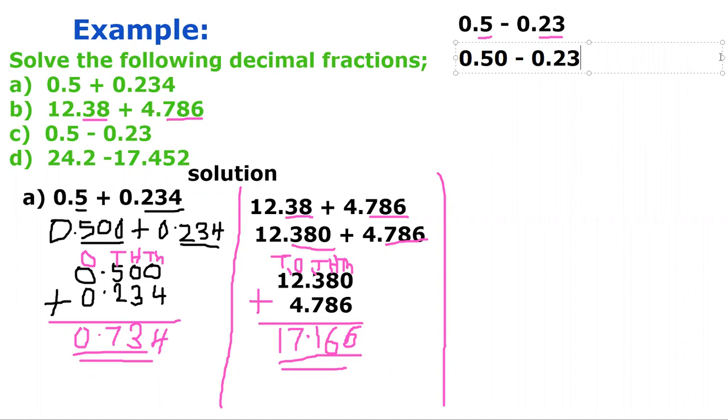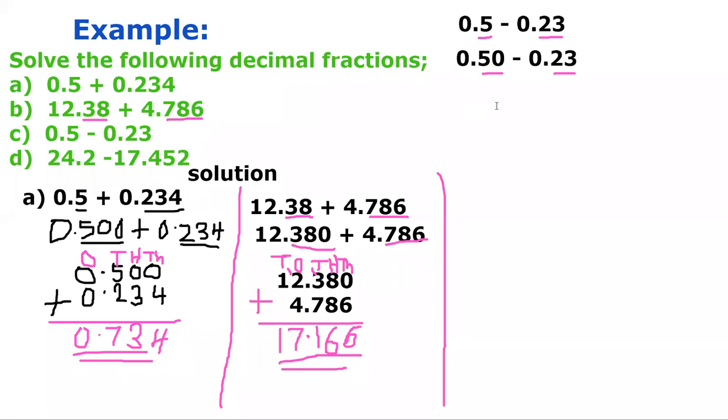So you are done with the balancing. Now it has two decimal digits here and two decimal digits here. Now we can proceed with our subtraction.